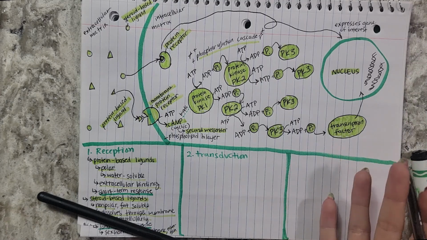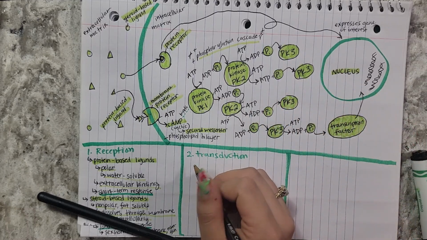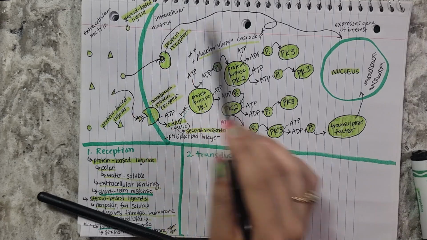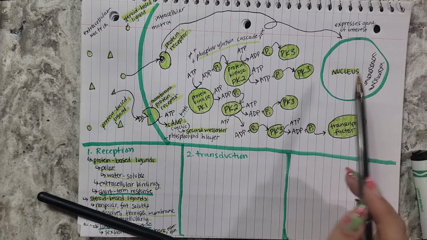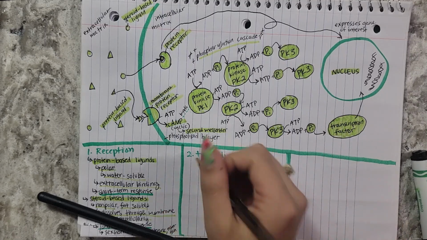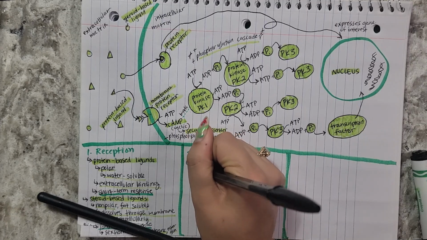So how do we get the message to the nucleus, right? This is going to be very much focusing on our phosphorylation cascade. With our intracellular protein receptor, we go straight to the nucleus. There's no change happening here. This is more focusing on our protein ligand. So we're looking at our phosphorylation cascade.